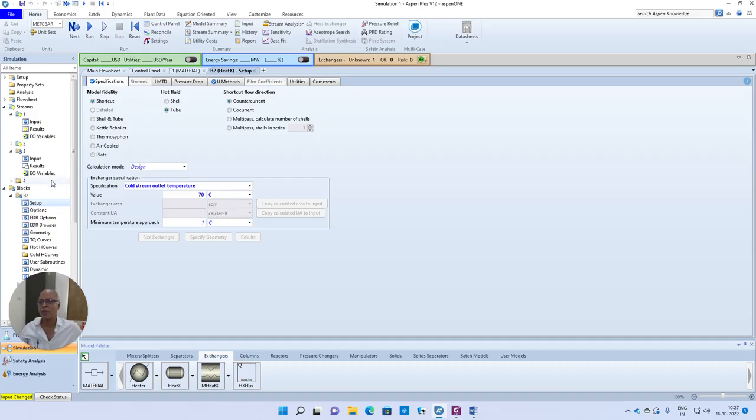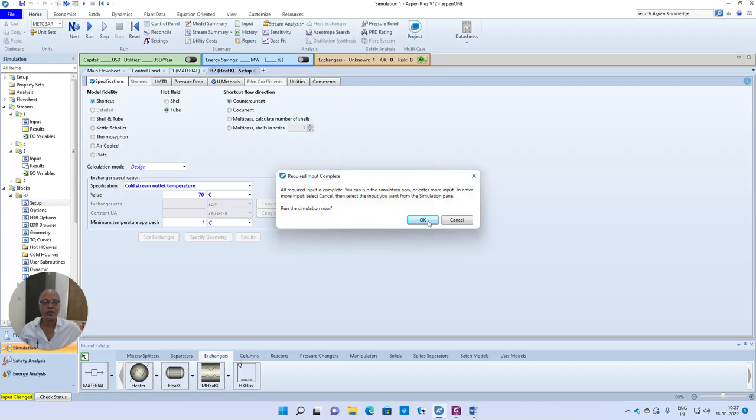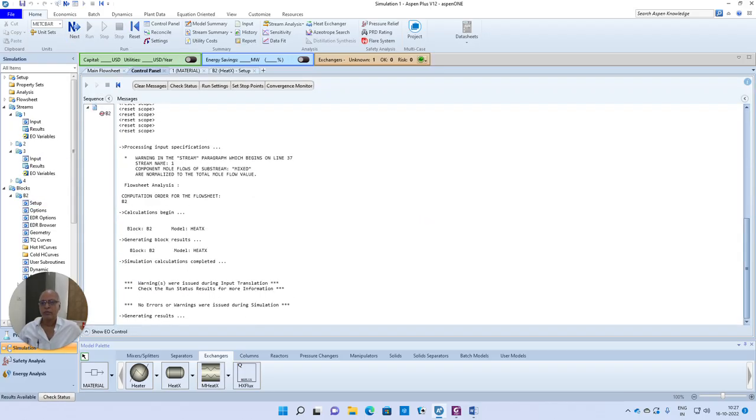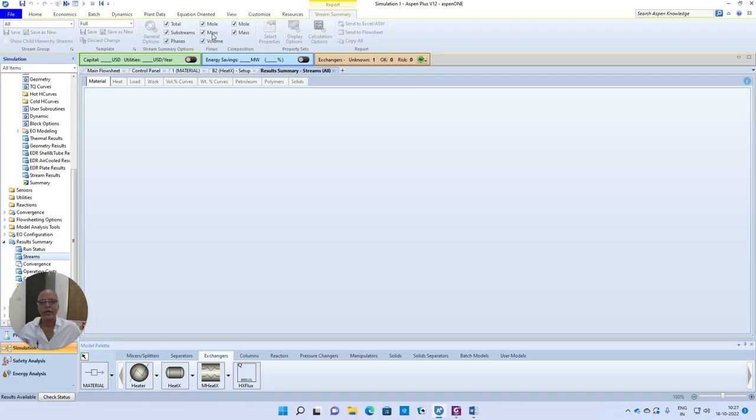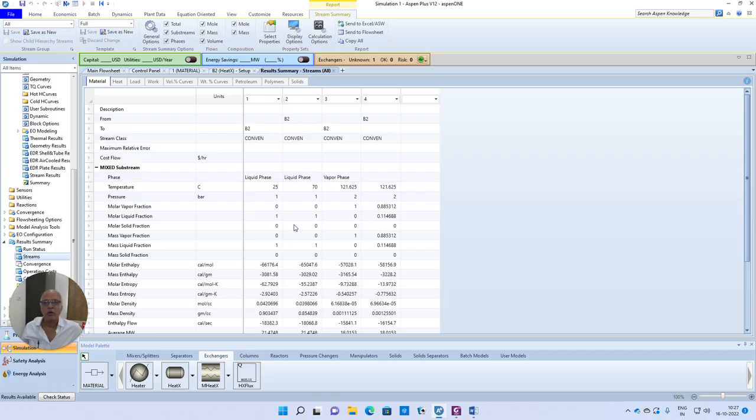Let us go ahead with this. Now you can see all the required input is complete. You should be able to run the simulation. Don't worry, that was because of the previous one. Now let me go into the details. So what is happening? Stream 1 is getting heated from 25 to 70. For stream 3, practically there is not much of it.